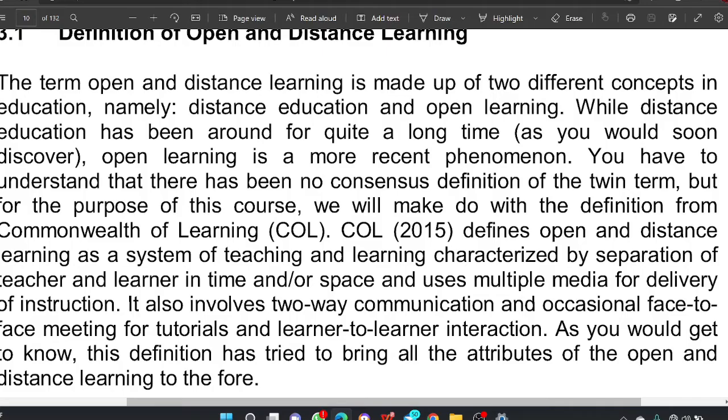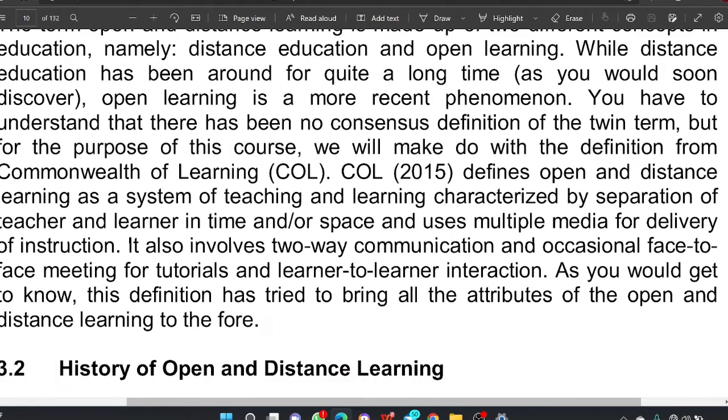It also involves two-way communication and occasional face-to-face meetings for tutorials and learner-to-learner interaction. As you would get to know, this definition has tried to bring all the attributes of open distance learning to the fore.